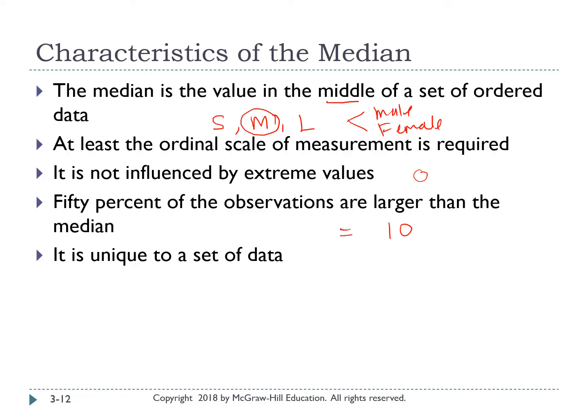You can say that 50% of your observations are larger than 10, or you can also say that 50% of your observations are smaller than 10. Why bigger or smaller than 10? Because you know that the median is the middle point. So 50% here are smaller than your 10, and 50% here are larger than your 10.